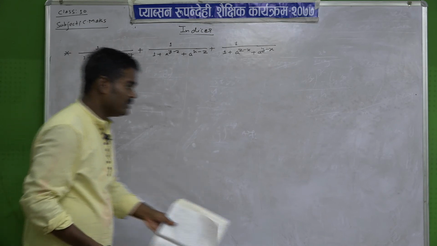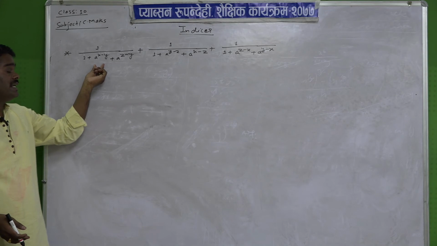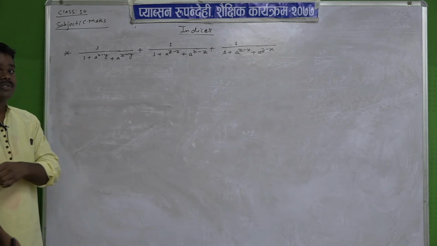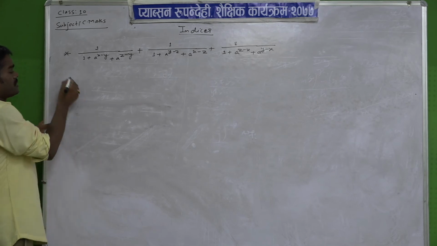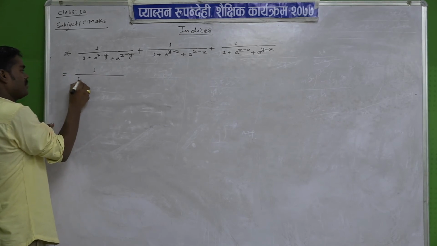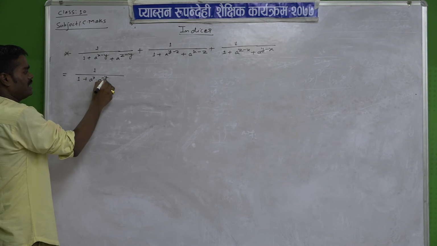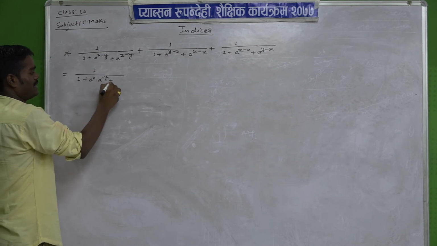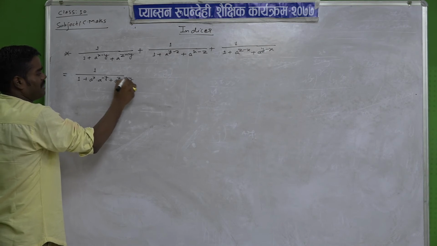So, now we have to simplify. You watch whether powers are added or subtracted. Firstly, you have to separate the base. So here, 1 plus a power x into a power minus y, and likewise a power z into a power y.